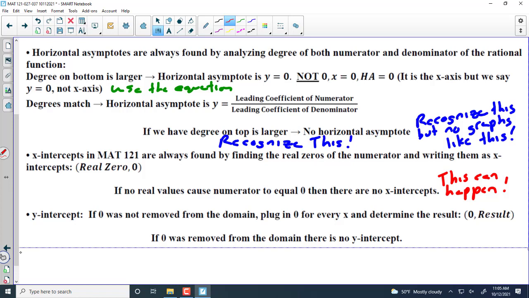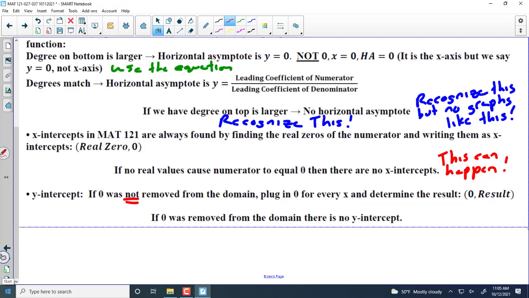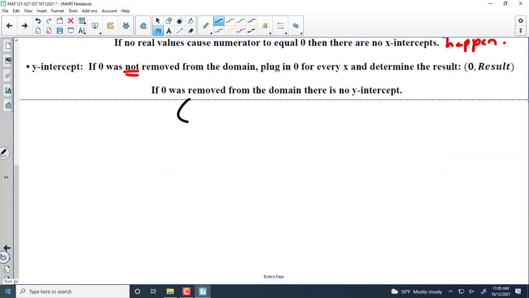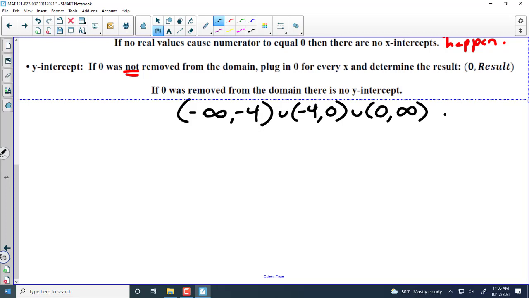Y-intercept. If 0 was not removed from the domain, in other words, if you did not have to kick out 0, plug in 0 for every x and determine the result. That will give you your y-intercept. If 0 was removed from the domain, for instance, if when you wrote your domain, you had negative infinity to negative 4, negative 4 to 0, 0 to infinity, this would have no y-intercept because you kicked 0 out.